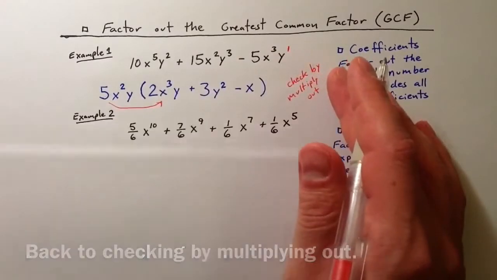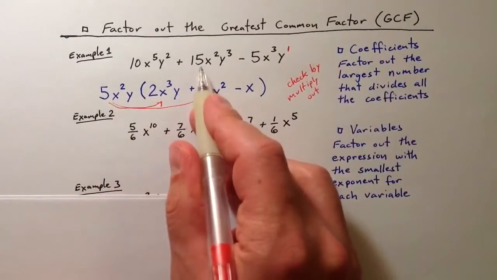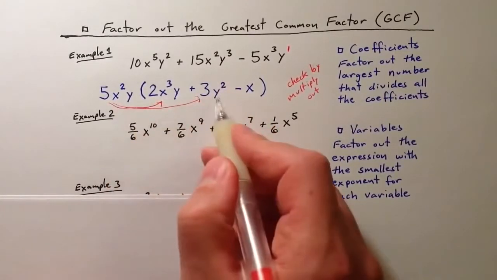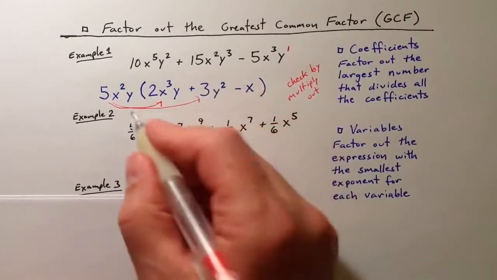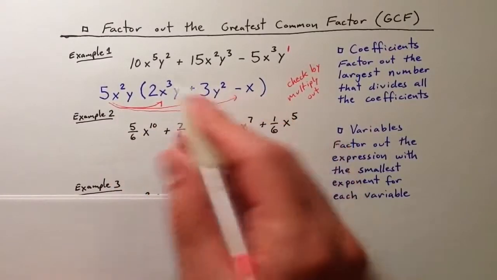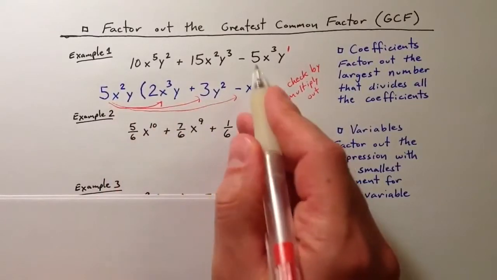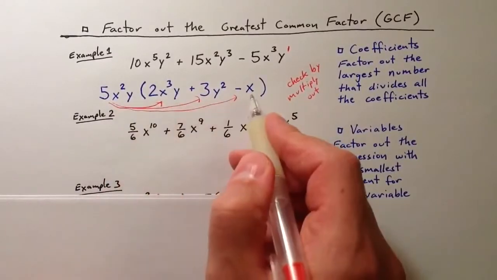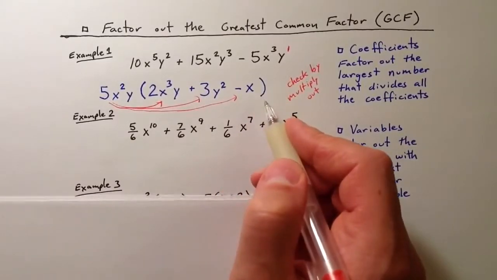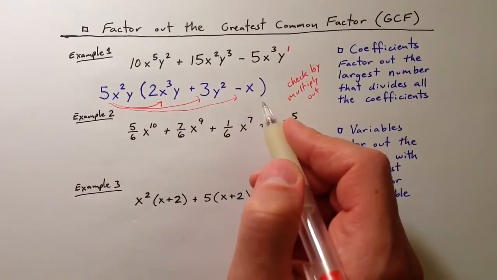With the next term, 5 times 3 is 15. X squared just becomes the x squared of that term, and y times y squared is y cubed. And then finally with the last term, -1 times 5 is -5. x times x squared is x cubed, and then finally the y would be part of that last term.